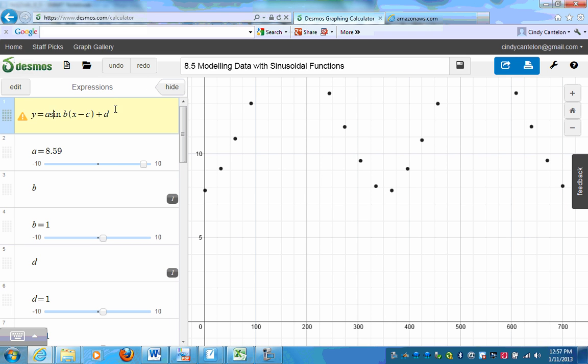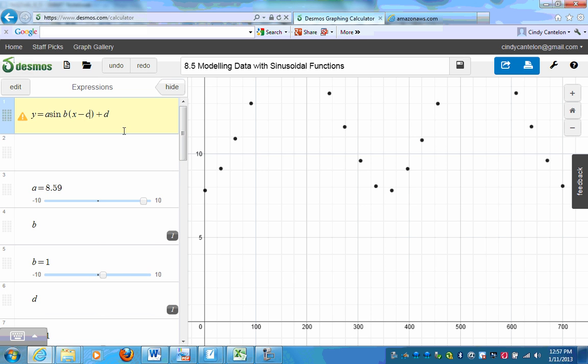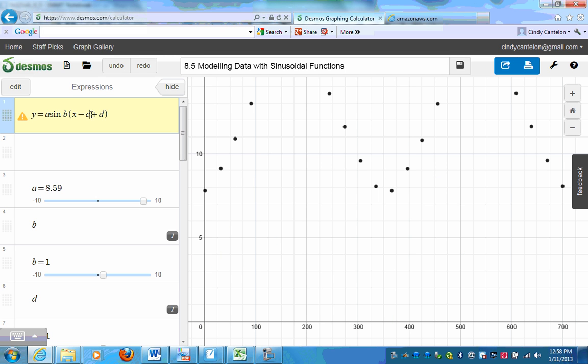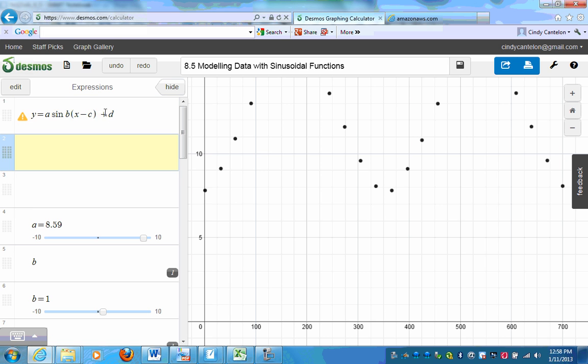So right now my graph is not working for some reason. Why is it not working? I think I have a space somewhere. I shouldn't have a space. For some reason it's not working, but anyways, I don't know why it's not working.